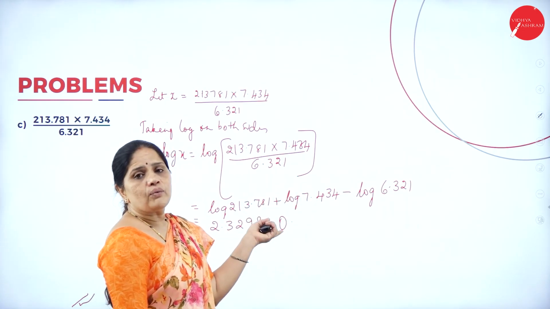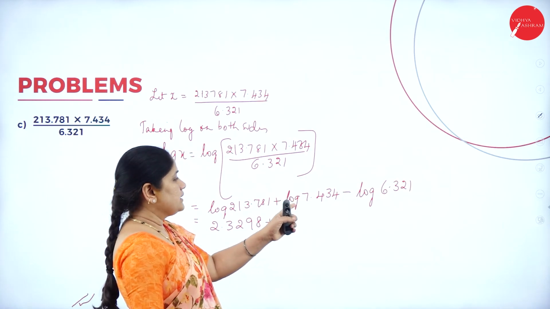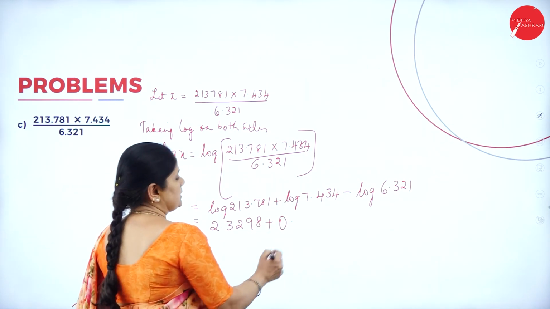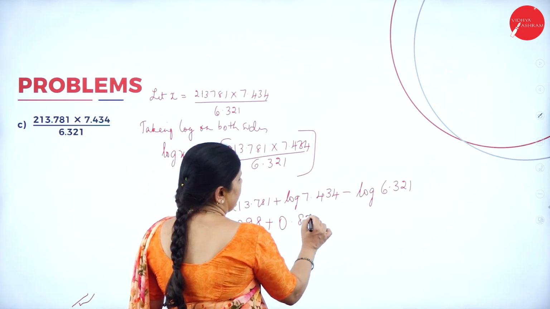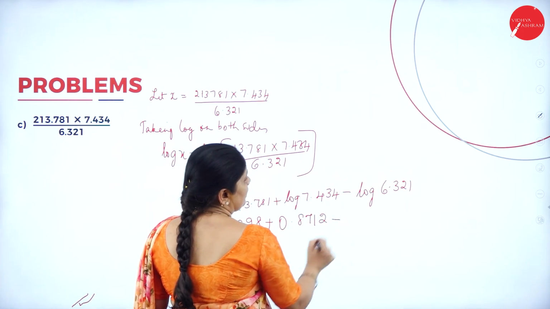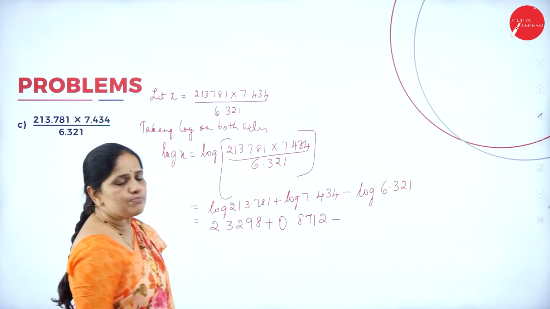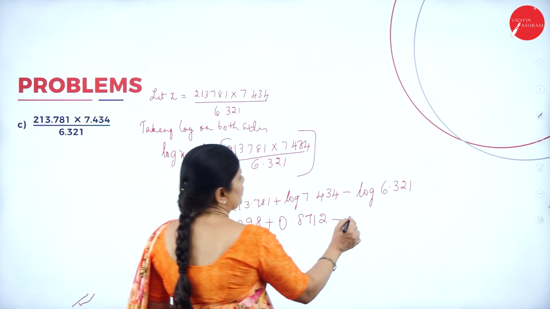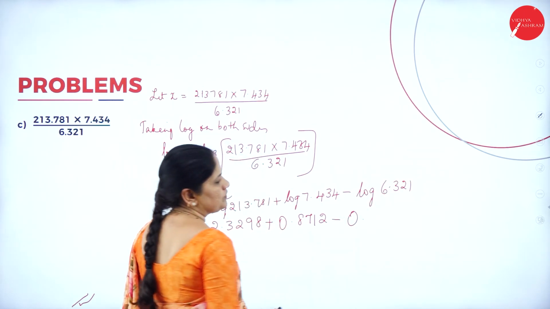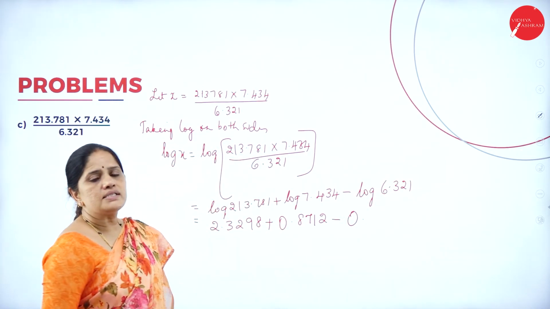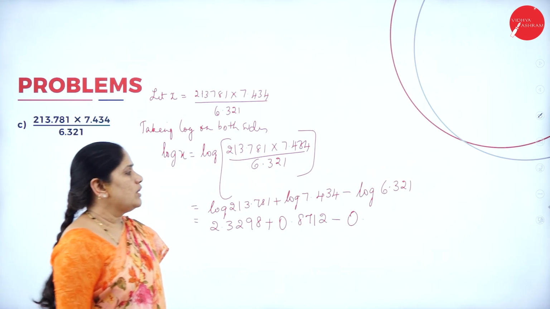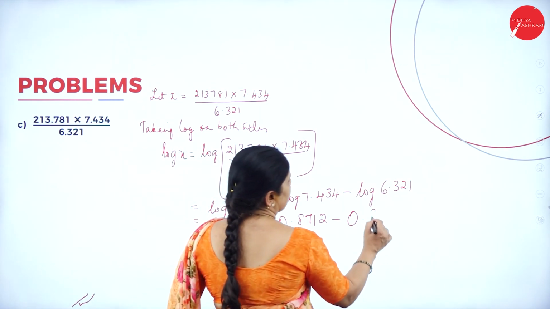The value is 0.8712. Minus log of 6.321. Again 1 minus 1 is 0. Now I have to find the log value of 6.321. When I find the value of 6.321, it comes up to 0.8008.